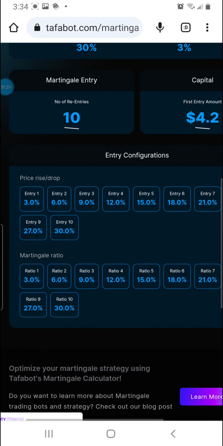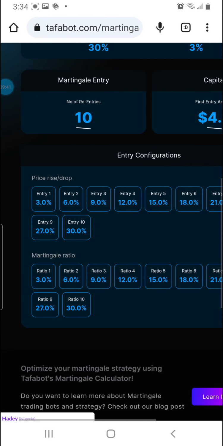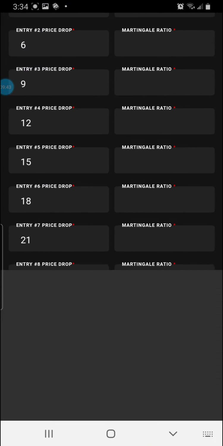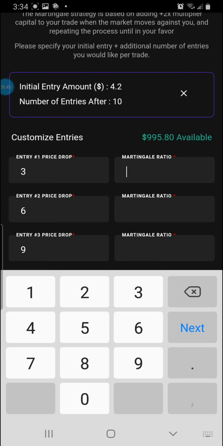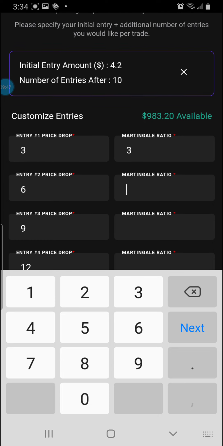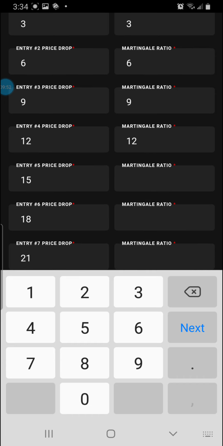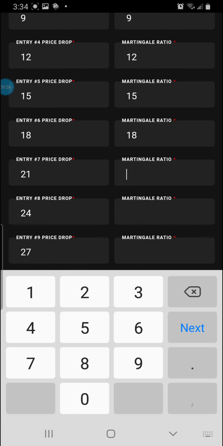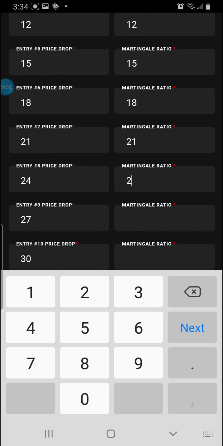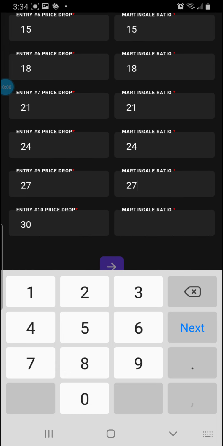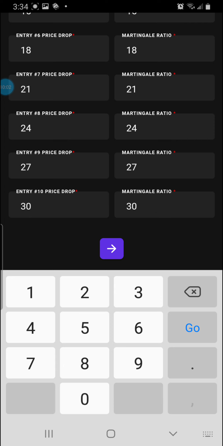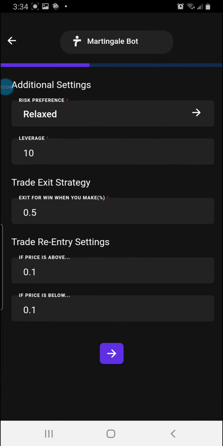And that's also the same with the Martingale ratio: 9, 12, 15, 18, 21, 24, 27, 30. Okay, so I decide whether I want to go relaxed or I want to go leverage.